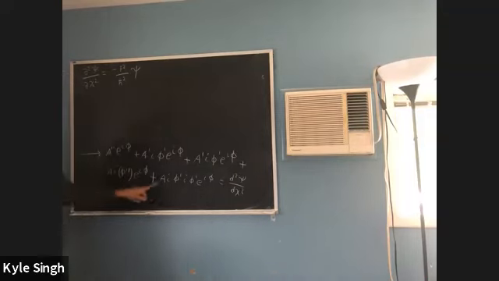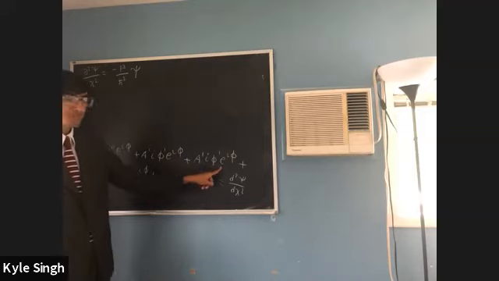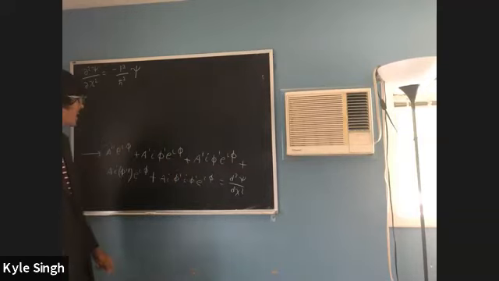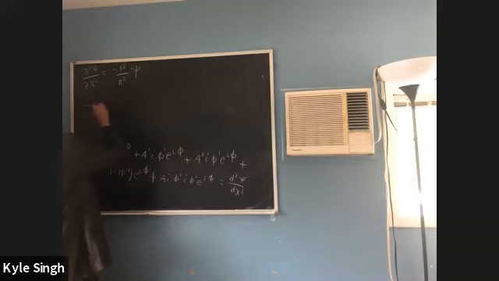Okay, I'm going to pull out this e to the i phi, okay? That's an easy thing to do. So let's just write it up here. So d2 psi dx squared equals e to the i phi.